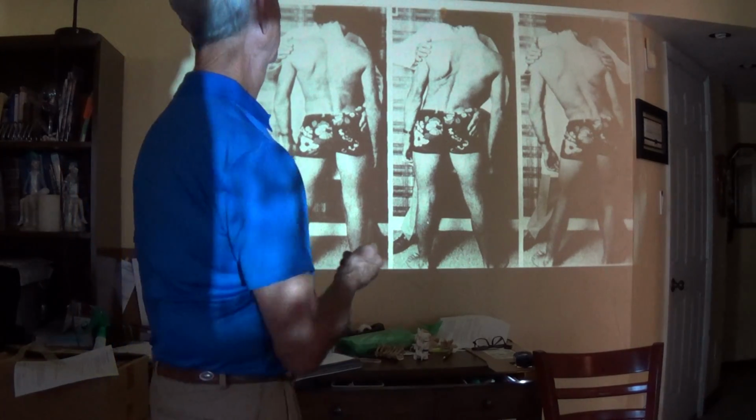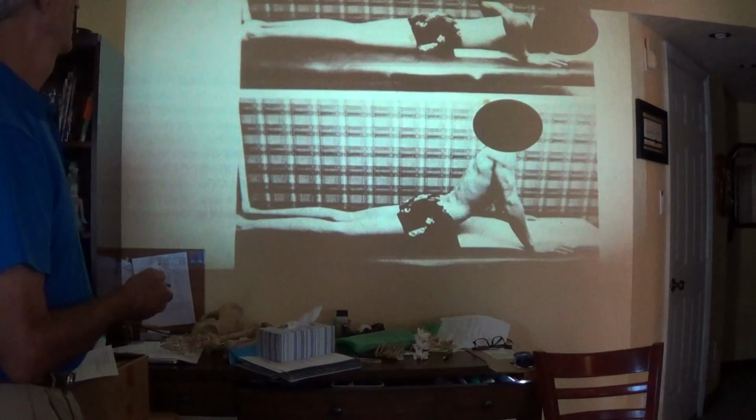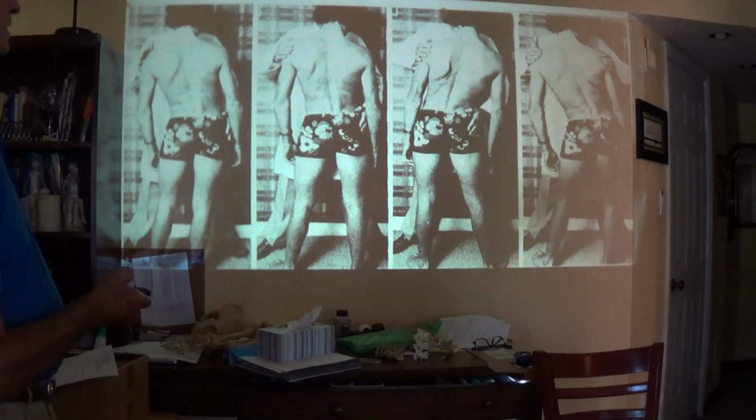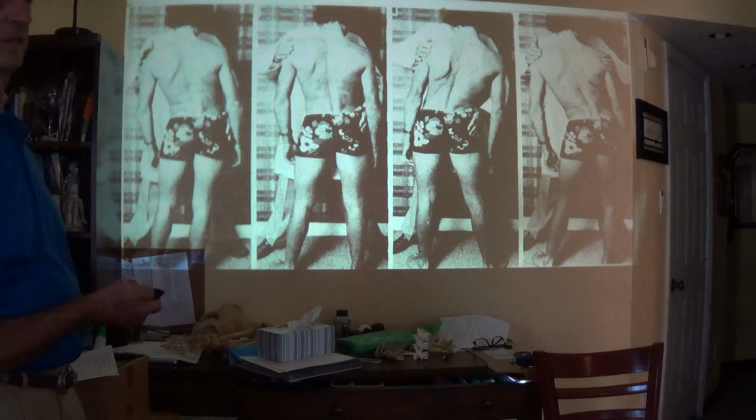if you look at McKenzie here, he's doing side gliding with this patient, and he's determining whether the lateral shift is relevant or not. There are two ways to do that.